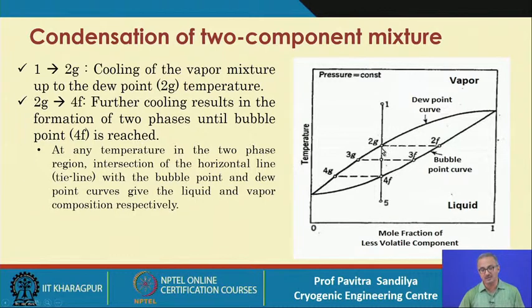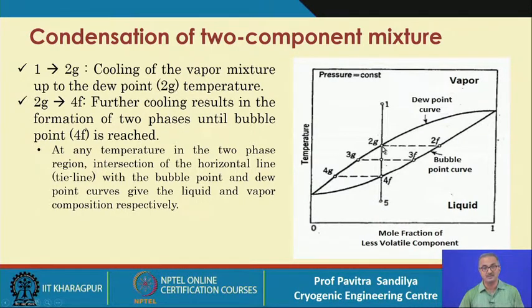So in this region we have two phases, and as we still lower the temperature, at a certain temperature represented by 4F, the bubble point temperature, the last amount of the vapor has gone into the liquid phase. After that, if we still lower the temperature, we go into the subcooled liquid region.